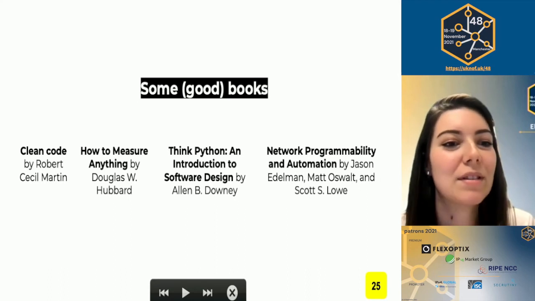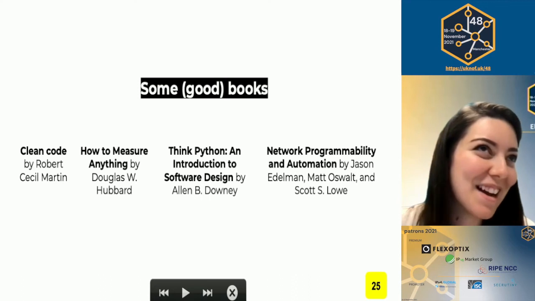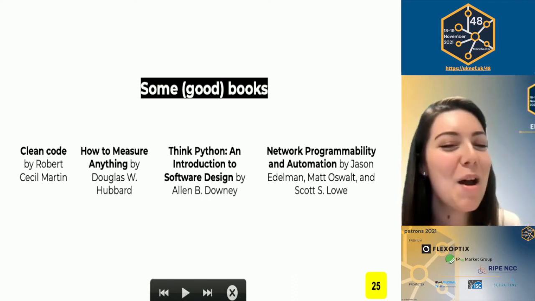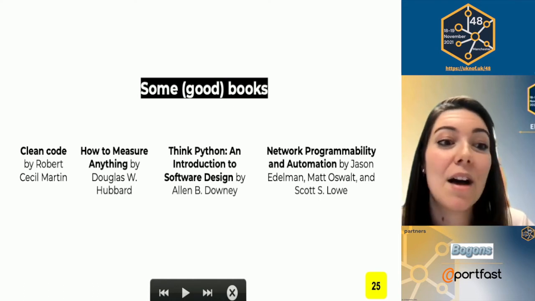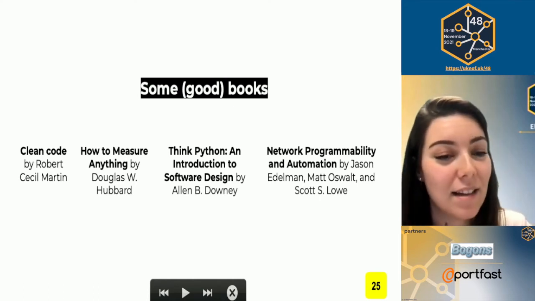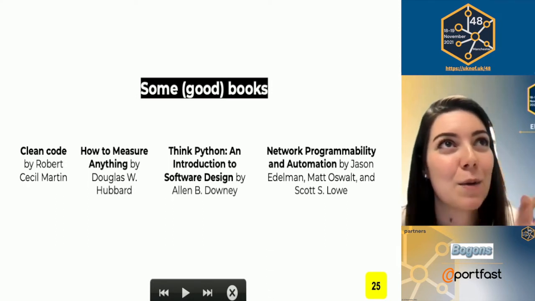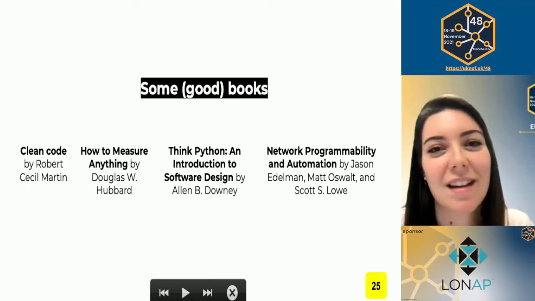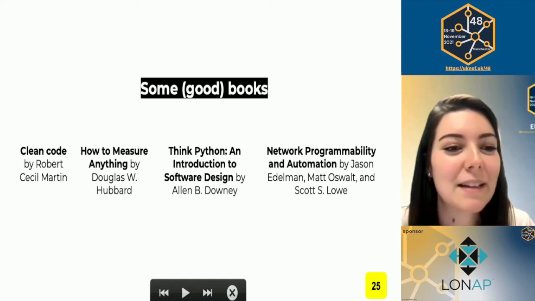Here are some really good books that we tend to recommend. We are not sponsoring them in any way, and they don't sponsor us, they are just a few good books. For example, Clean Code, and How to Measure Anything, which is a very interesting one to get the mindset for when people say, oh, this is very hard to measure, it cannot be measured. That book gives you an interesting perspective.